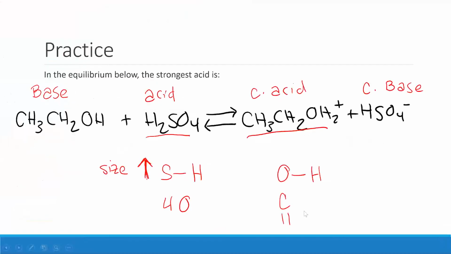Now, between those two things, the one that is the most electronegative very much is the oxygens, and there are 4 of them. Okay, so this is going to cause a much stronger inductive effect.